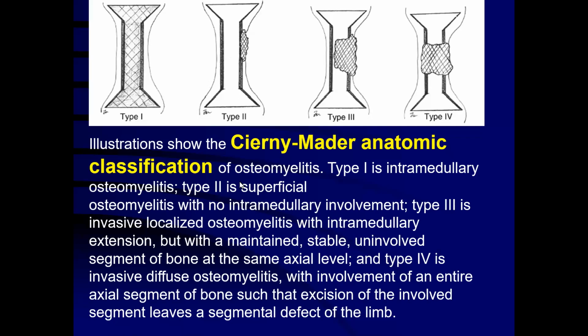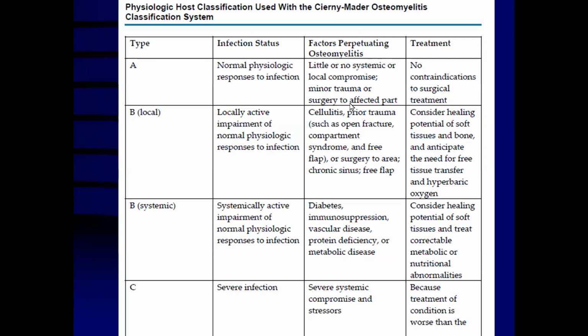So, when you speak about the type in this classification, we speak about the host's infectious status. Type A is normal physiologic response to infection. Type B is locally active impairment of normal physiologic response to infection.